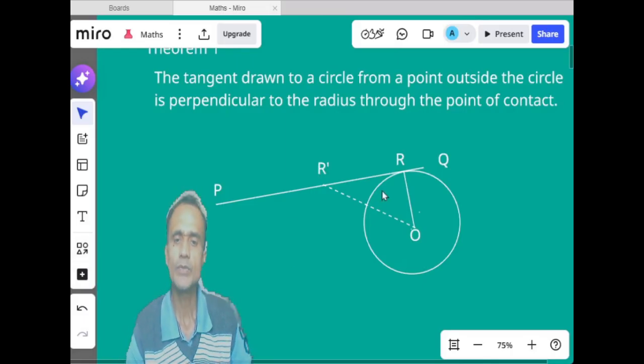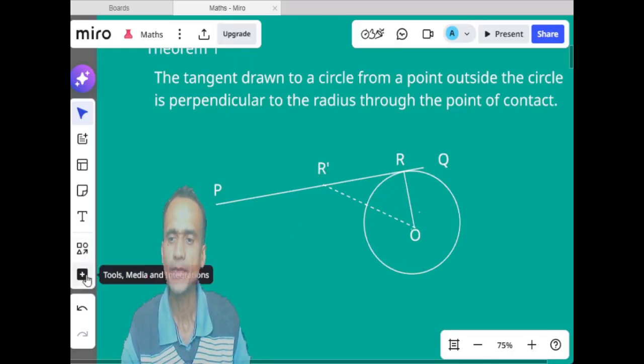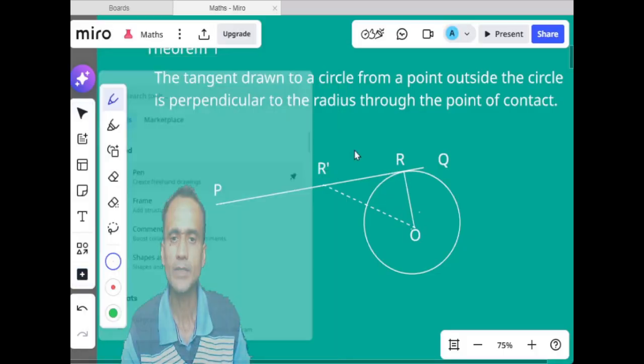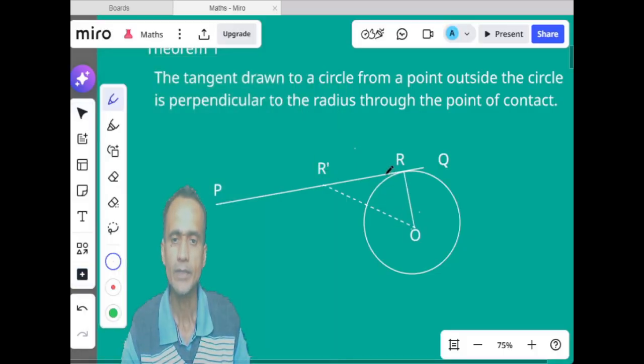So now we have to prove that this angle is 90 degrees. Which angle? The angle made by the radius at the point of contact with the tangent. This angle is 90 degrees. That means the radius is perpendicular to the tangent.